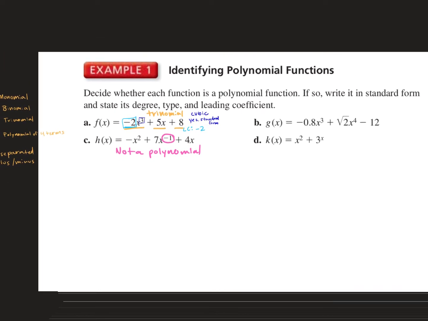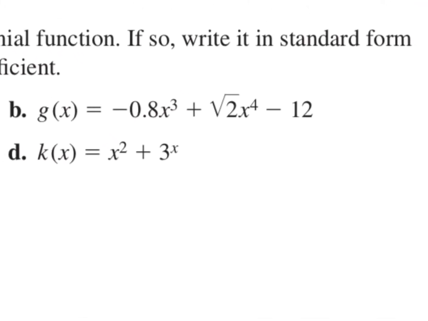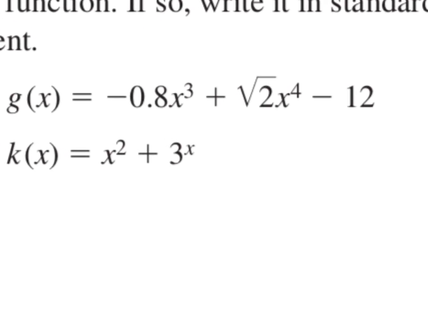Okay, let's look at B. For B, is this in standard form? How would we make it in standard form? Which one would have to come first? The square root 2x to the 4th power. What would come next? So minus 0.8x cubed and then minus 12.